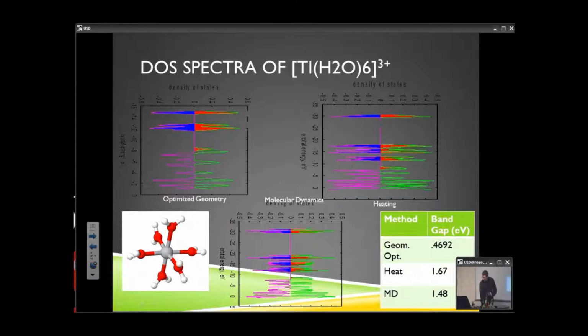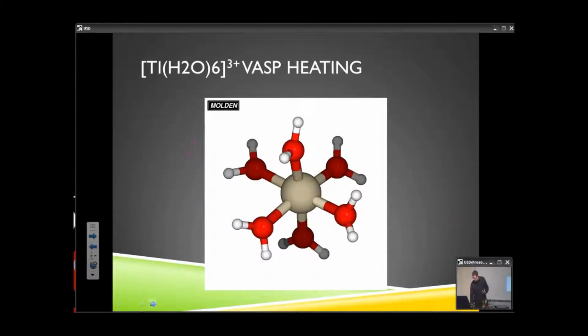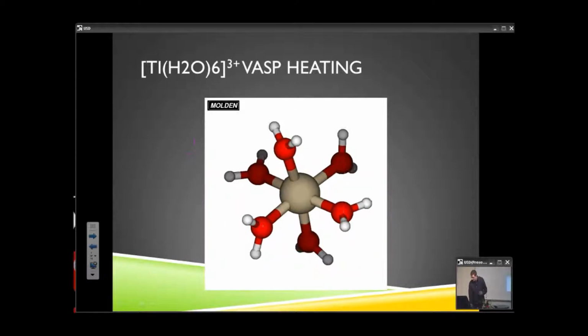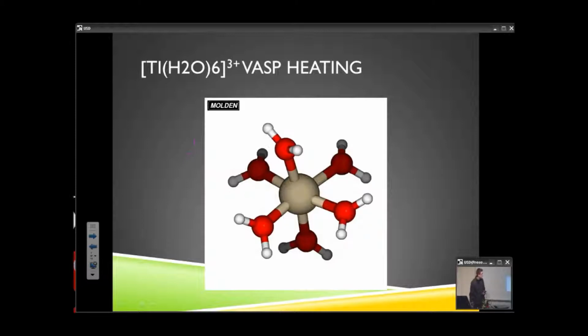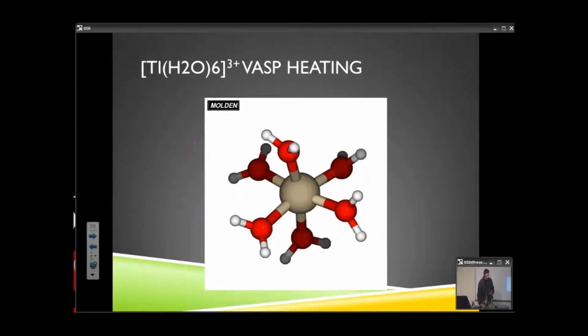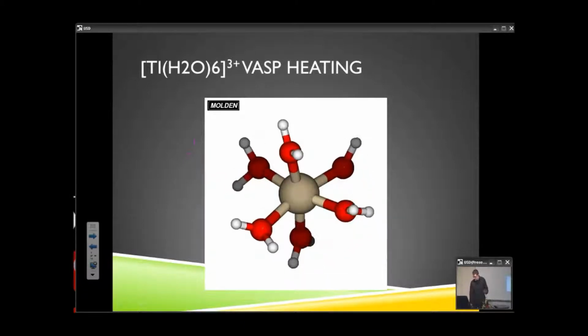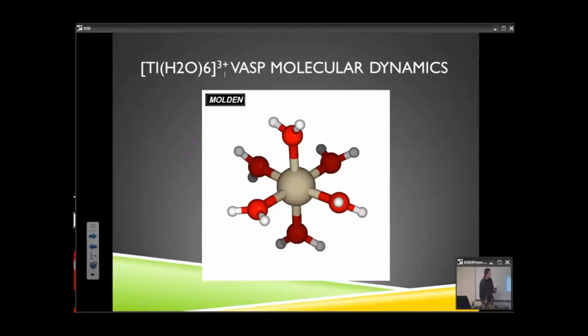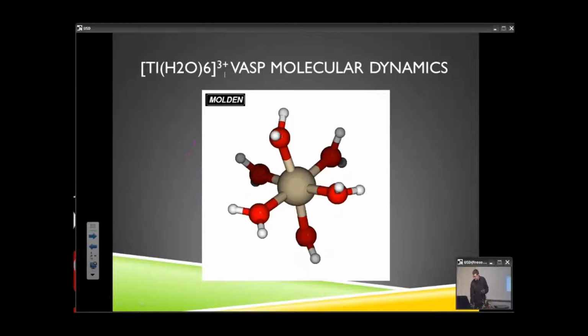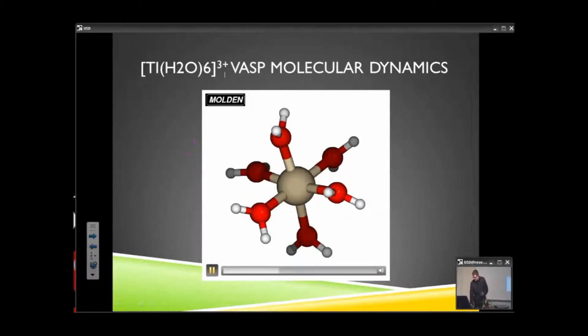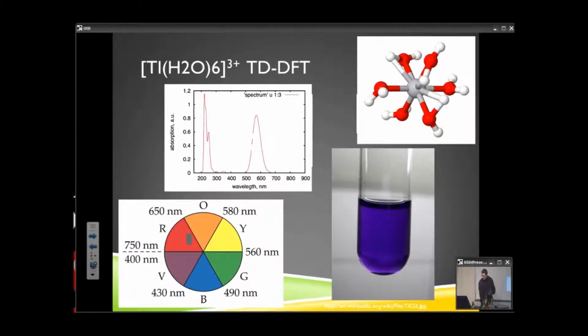I'll try to play a few movies in the last couple minutes that I have here. This one is just the VASP heating of the hexaaqua molecule. Pretty awesome, I know. We'll go to the next one. This was the molecular dynamics. They seem to be very similar in what they're doing.